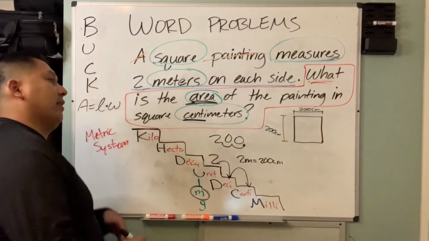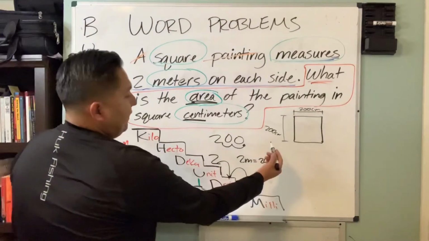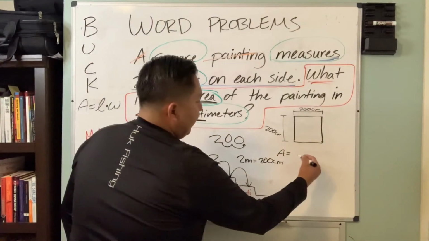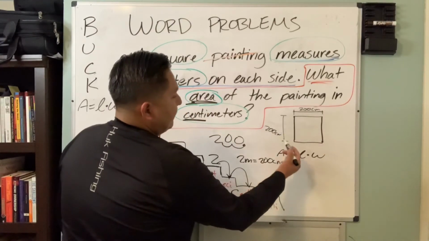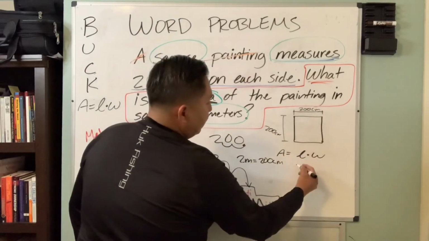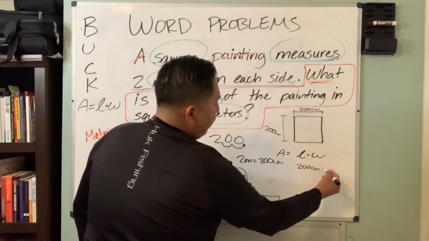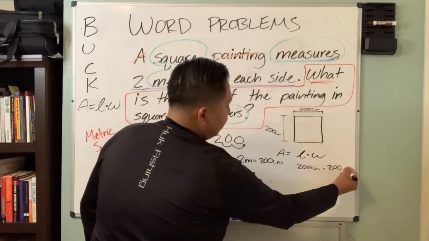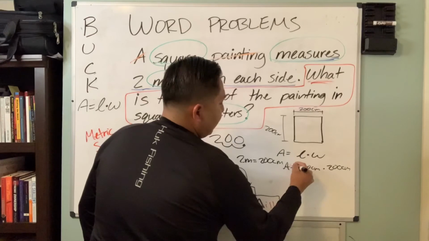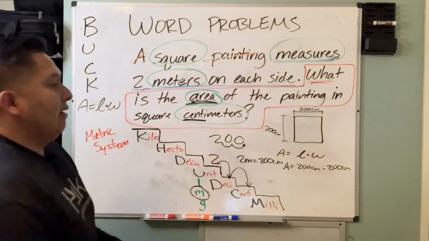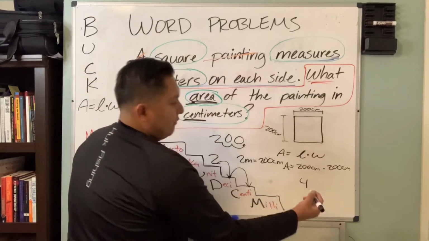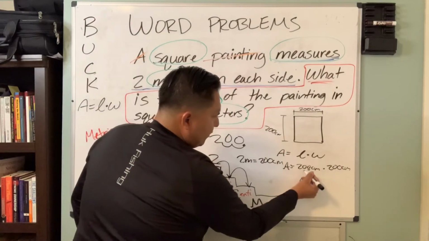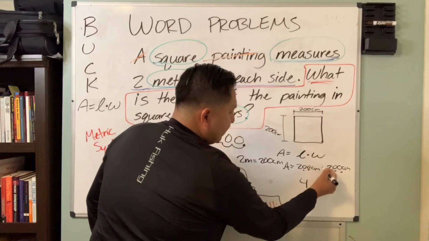All right, so then all you do here is measure to find the area. Again, length times width. The length is 200 centimeters. The width is also 200 centimeters. Okay, to make things easier, 2 times 2 is 4, and then just count the zeros. 1, 2, 3, 4 zeros.